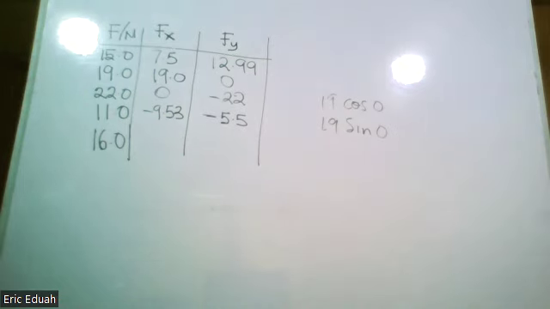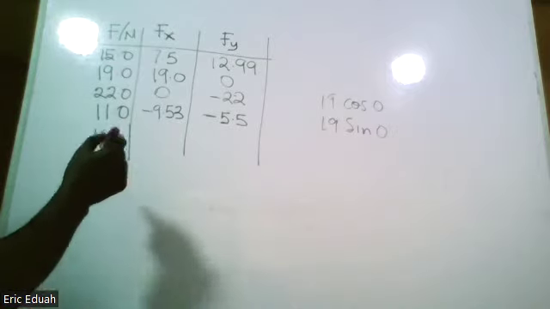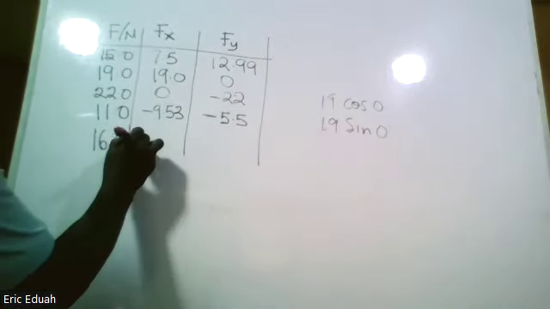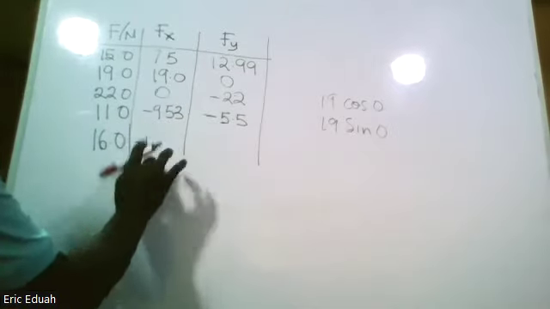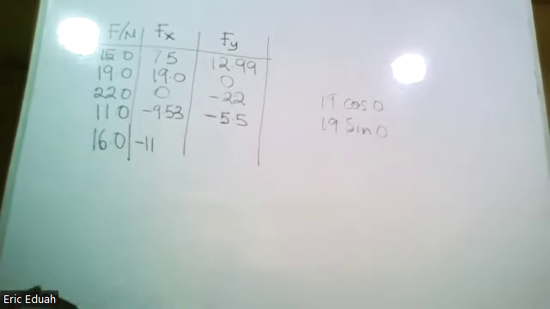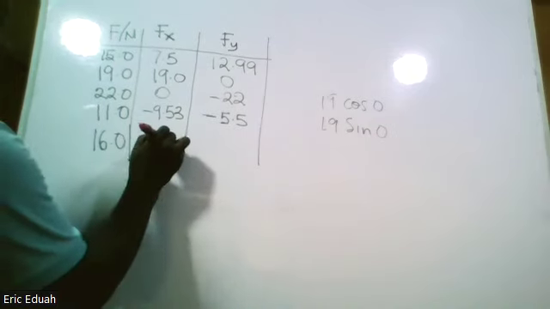So this is negative 8 times root 2, and this is negative 11.31. Hey, who is breaking my eardrum? Negative 11.31.